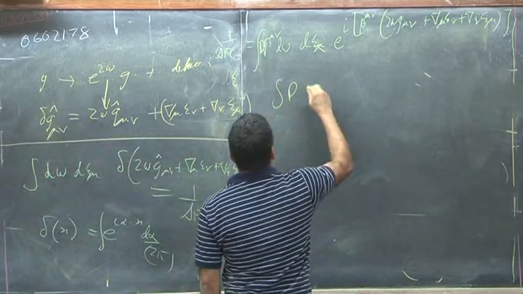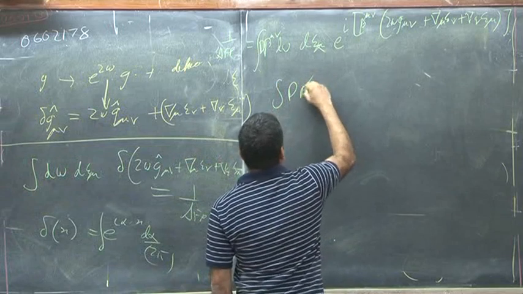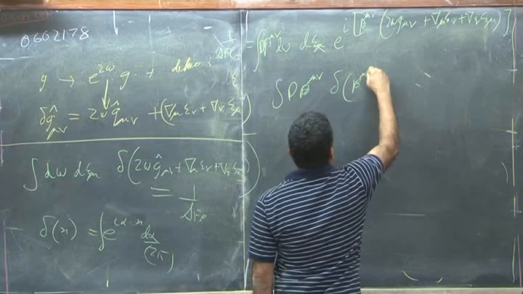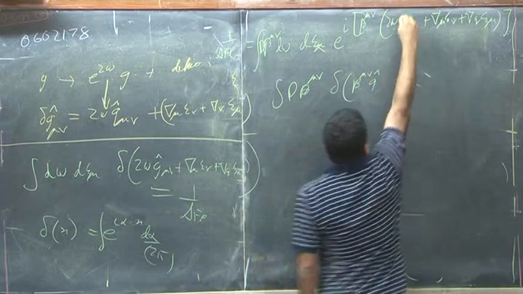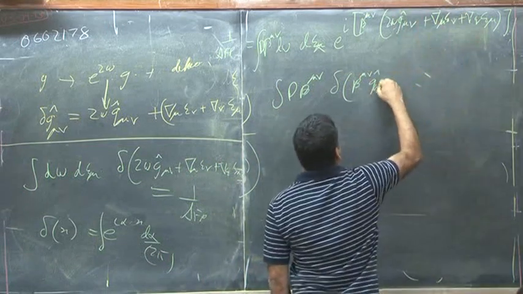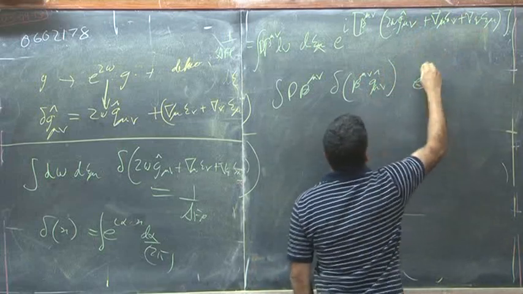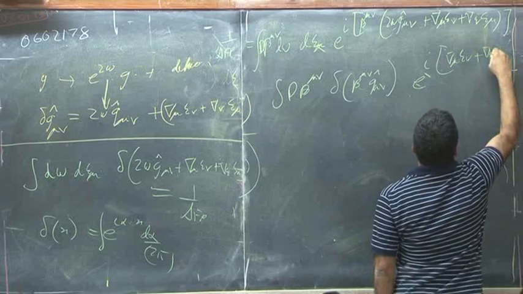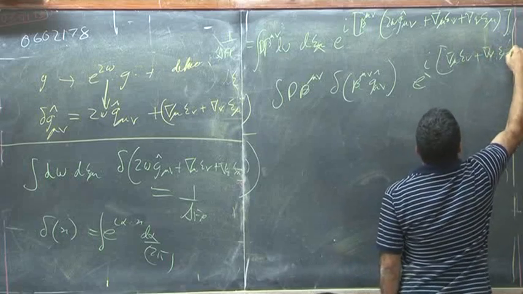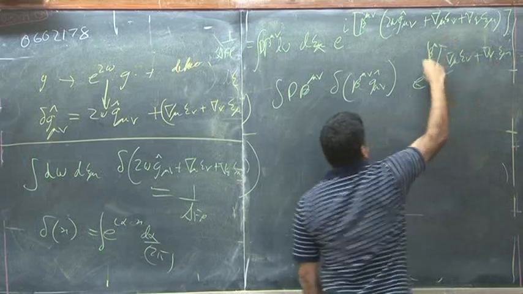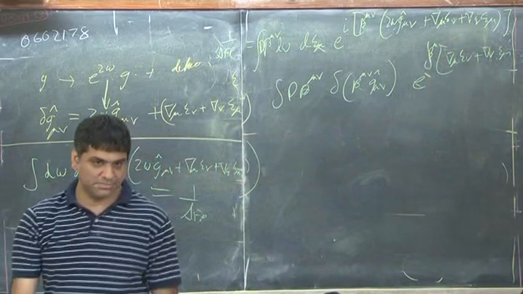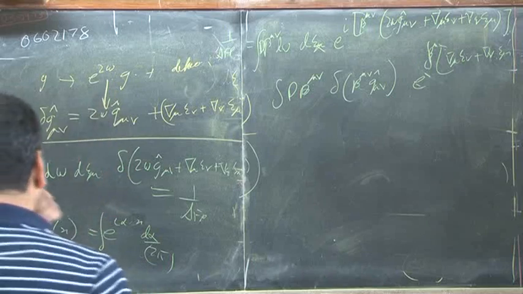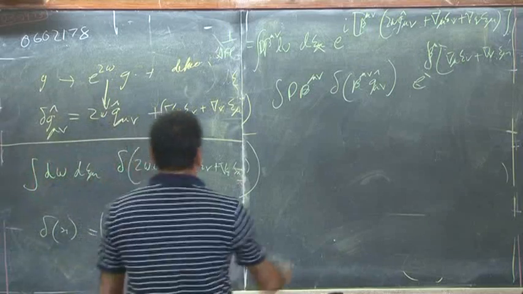So we do the integral over omega, and we get the integral over zeta of e to the power I beta mu nu del mu zeta nu. Okay, so this guy here, and there's of course the zeta.